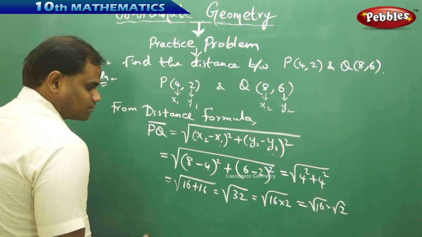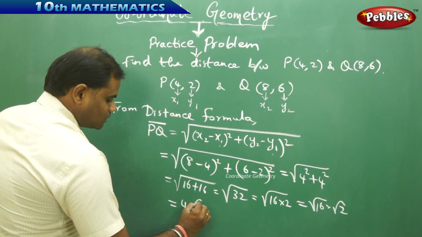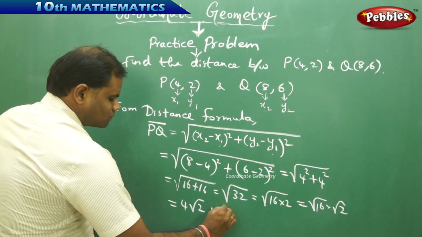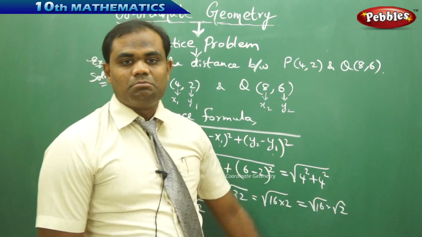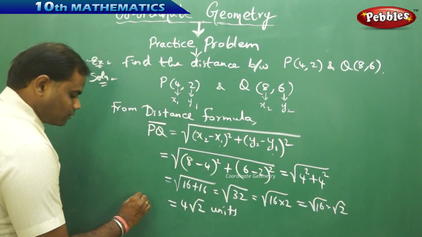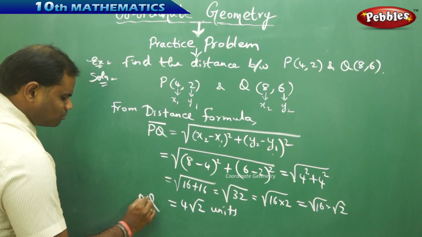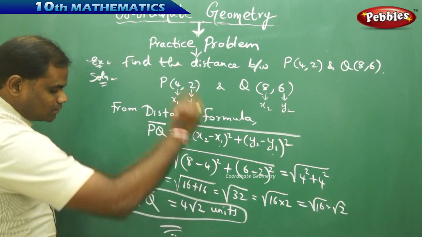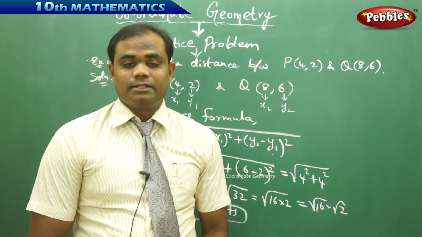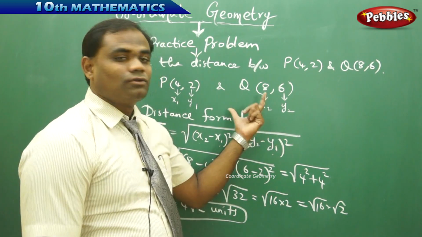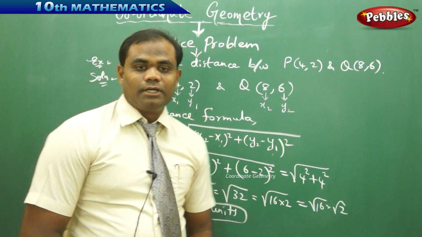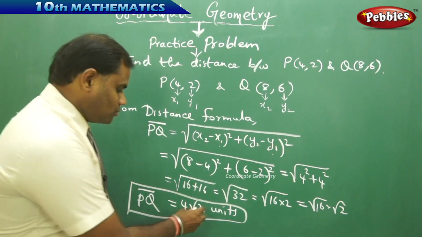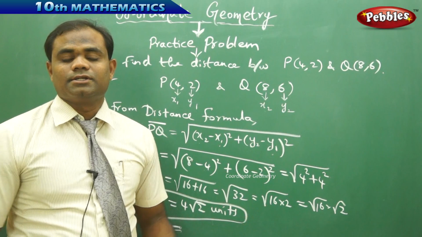Therefore root 16, which is 4, gives 4 root 2 units, which is how I get the most simplified answer for the distance between the 2 points P and Q. The distance formula applied for the given problem gives 4 root 2 units in distance.